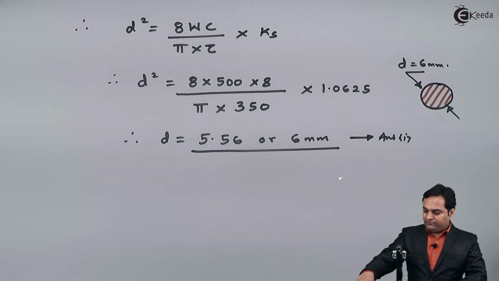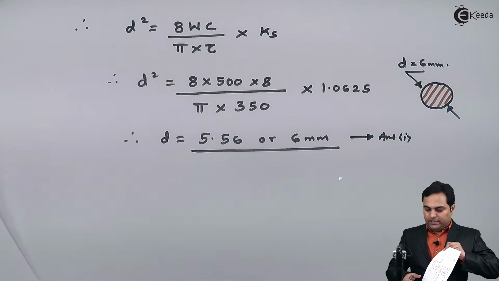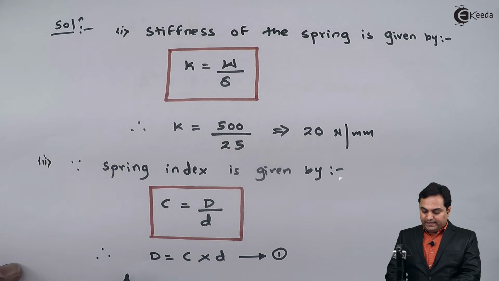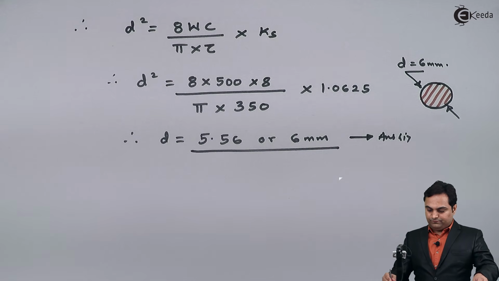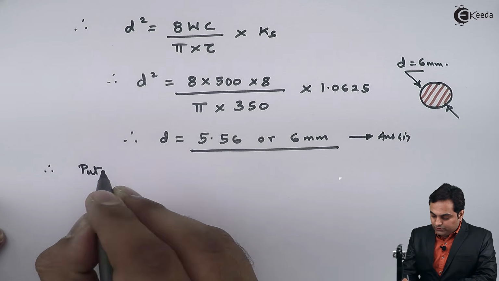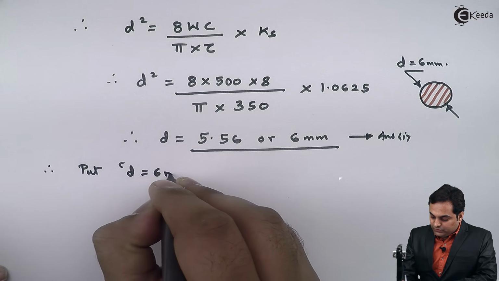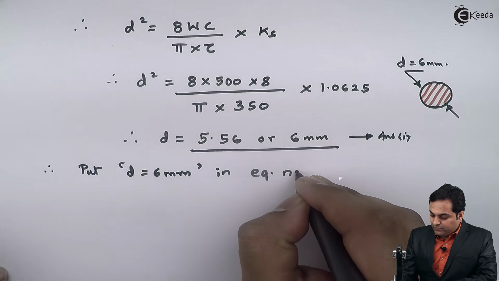Now after getting the value of small d, I'll put this value in equation number 1 and I'll get the value of capital D. Therefore, put small d equal to 6 mm in equation number 1.